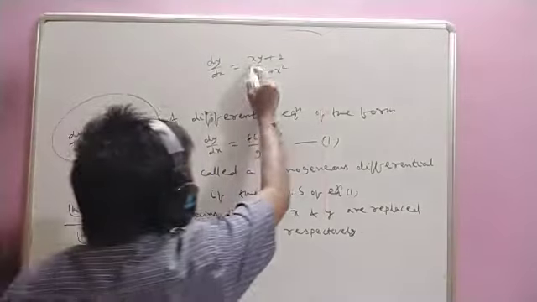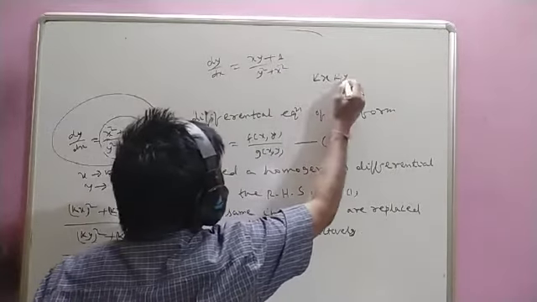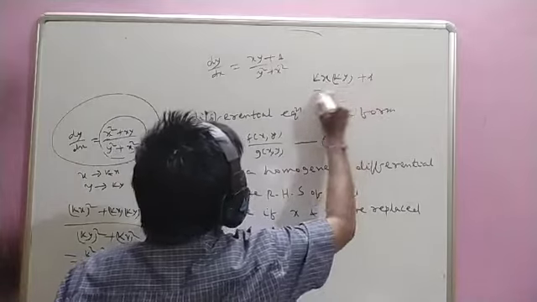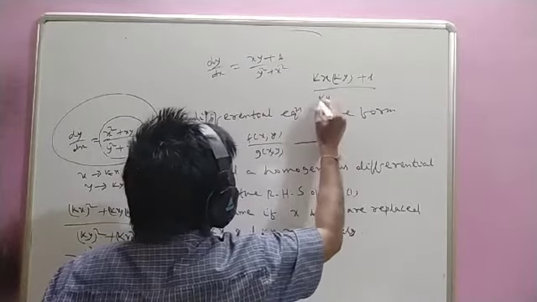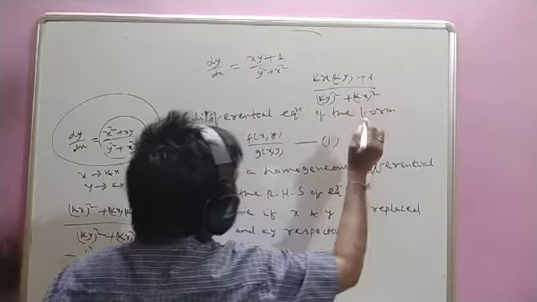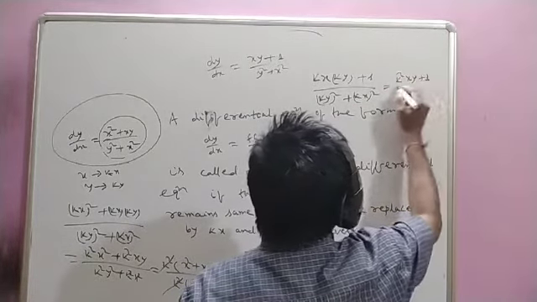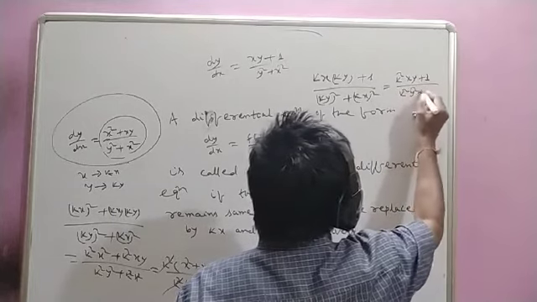Here if you replace x by kx, the right hand side becomes: kx, then y is ky, then plus 1, and in the denominator y is ky, x is kx. So the numerator is k square xy plus 1 and the denominator is k square y square plus k square x square.